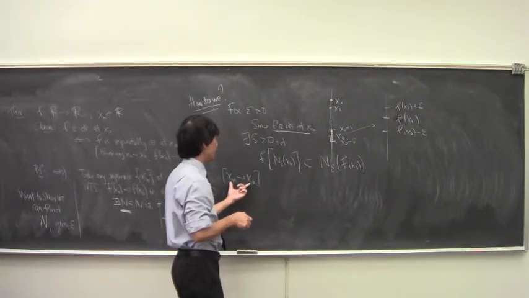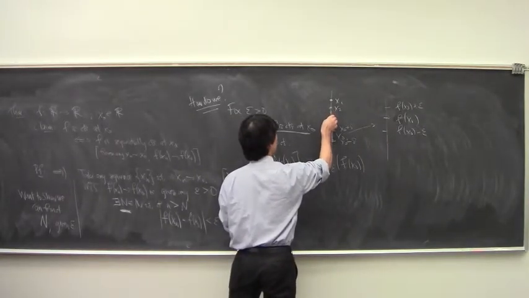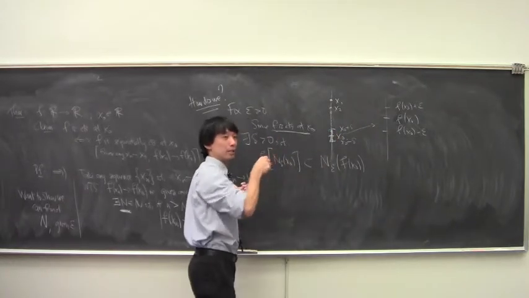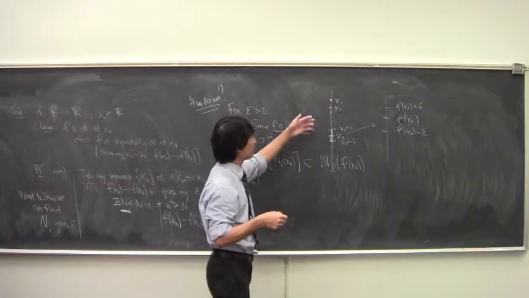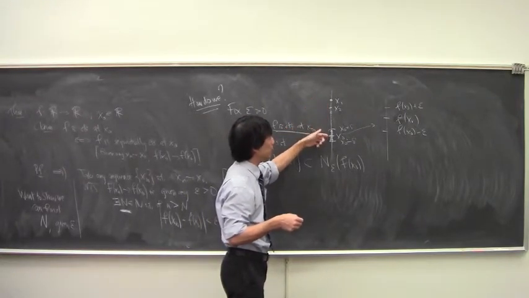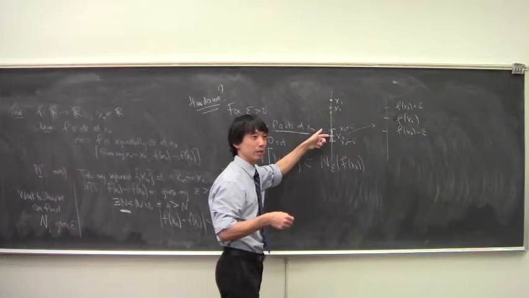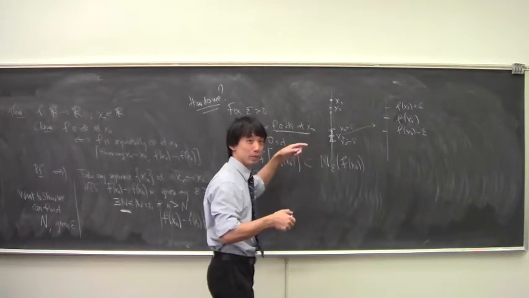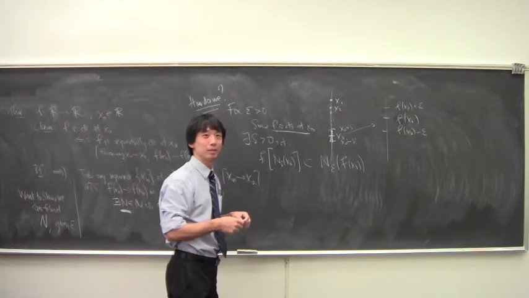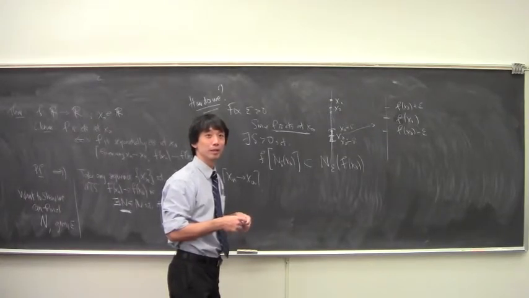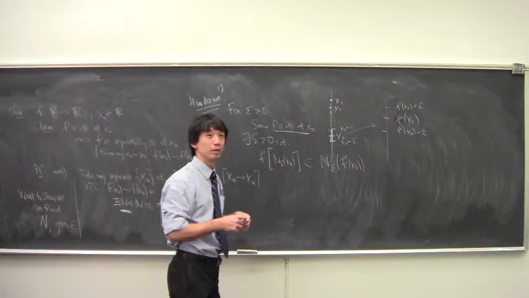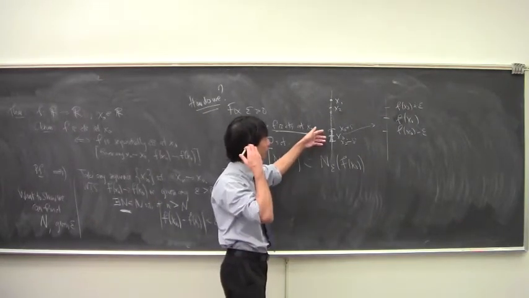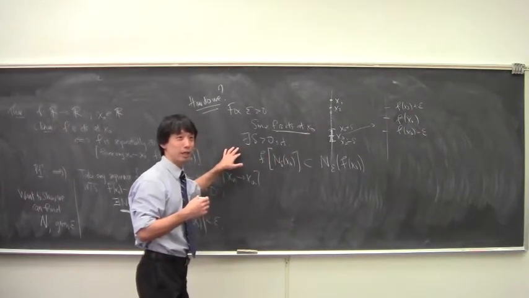And we also have that the xn's converge to x naught, so we can make our xn's as close to x naught as we want. So maybe seeing how the pieces fit. How do I choose my n?